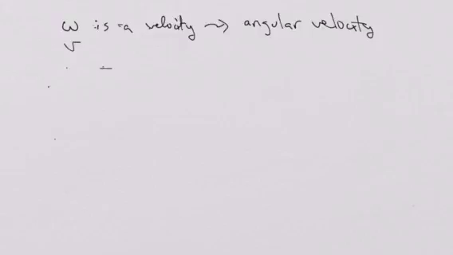V is just velocity, but I'm trying to establish a correlation between these two things, where my distance equals velocity times time.